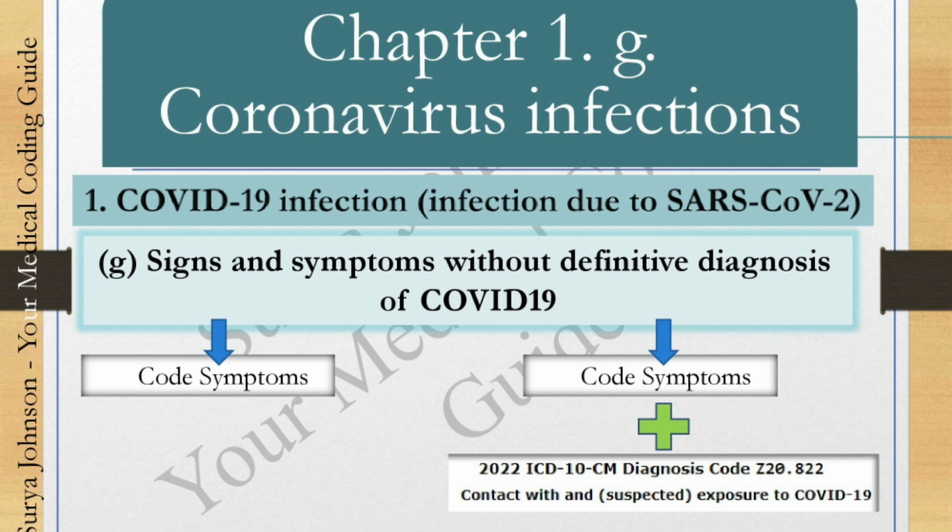But if the patient has symptoms and also the patient has some suspected contact with or exposure to COVID-19, in this scenario, you will code the symptoms and also Z20.822 as an additional diagnosis. So the addition of Z20.822 will be only applicable if the patient has suspected contact with a COVID-19 infected patient.